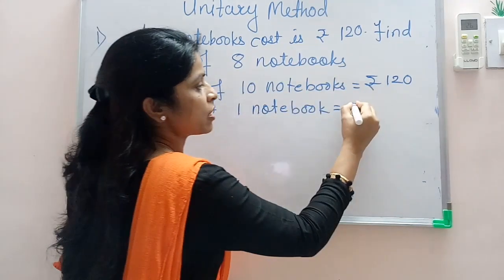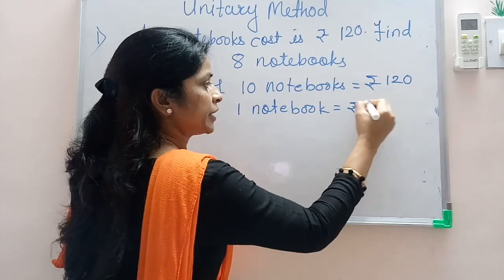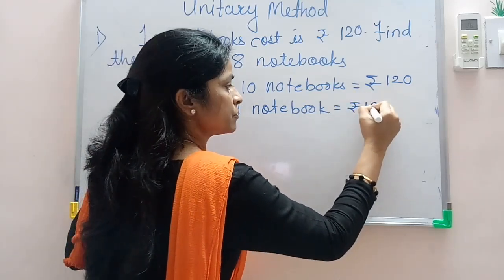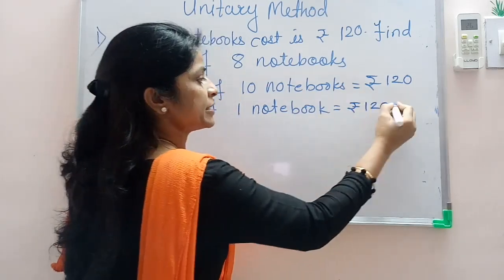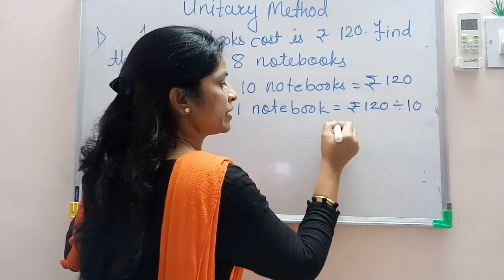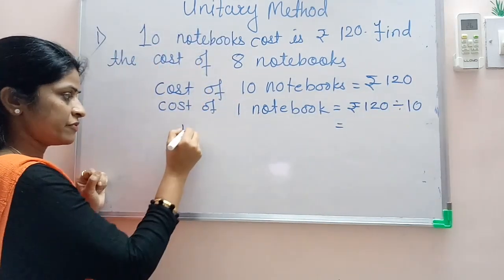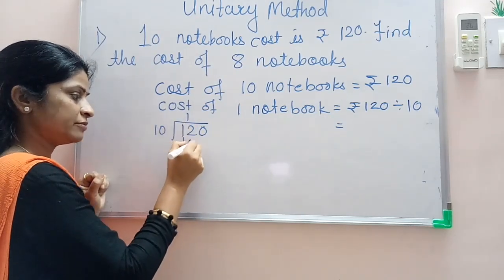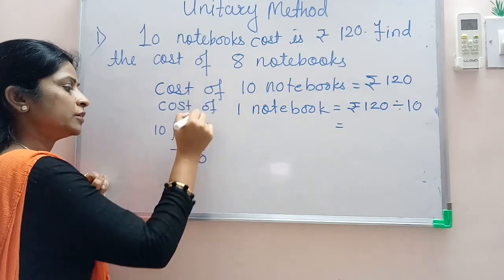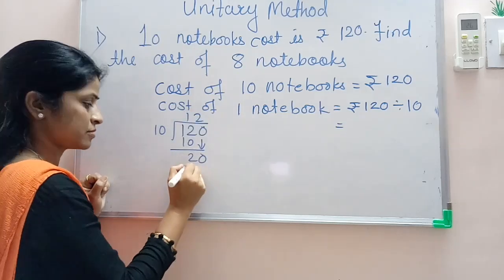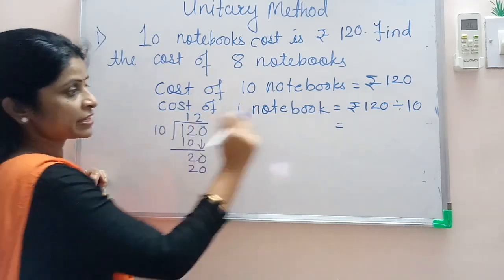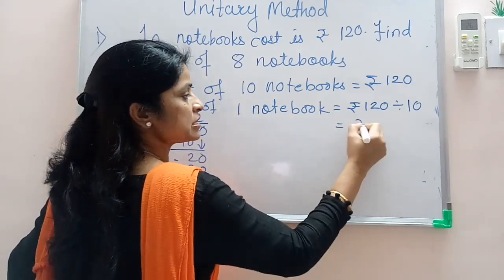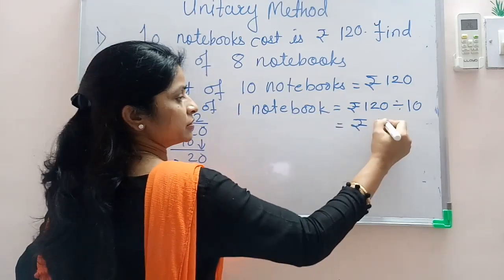For that you have to take cost of 10 notebook, that is 120 divided by 10. When we will divide it, 120 divided by 10, so 10 ones are 10, 10 twos are 20. So we will get the cost of one notebook, that is rupees 12.